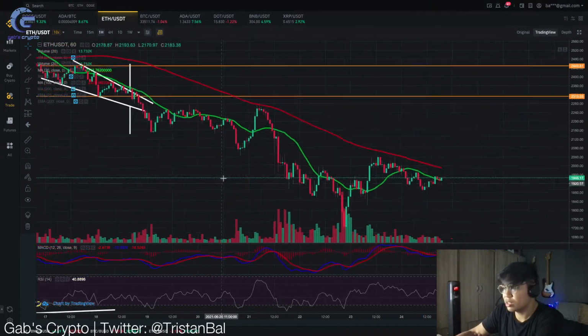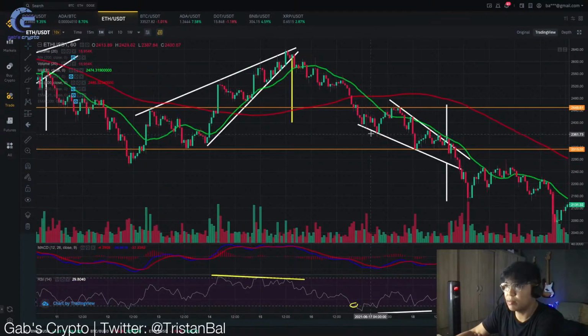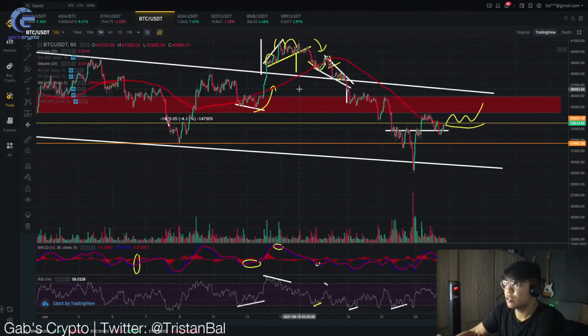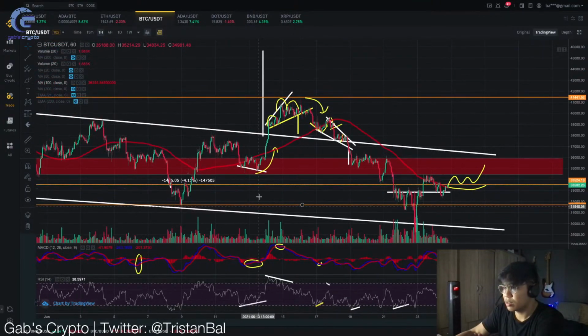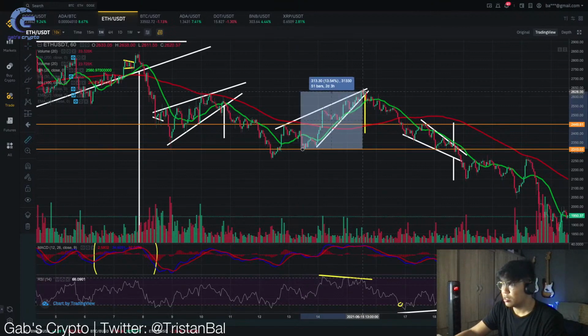Let's use the June 13 up to June 15 pump. So looking at this, how many percent was the pump of Ethereum during this time? This time it's around 13%.